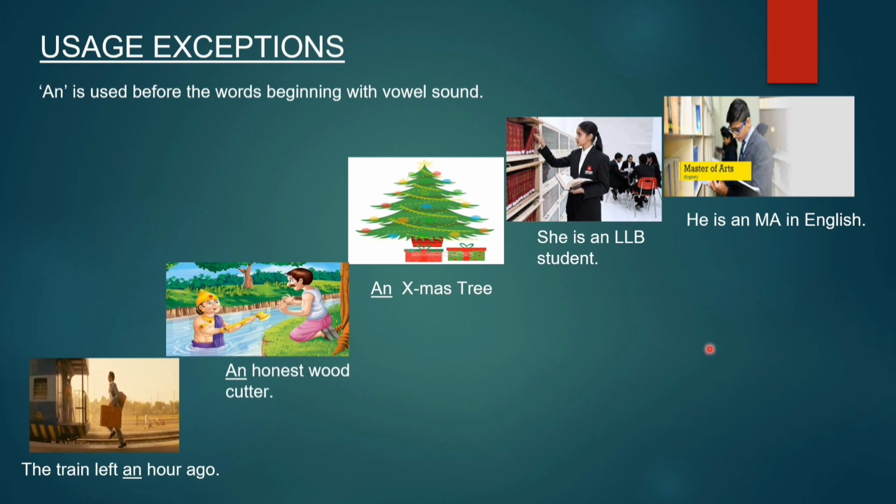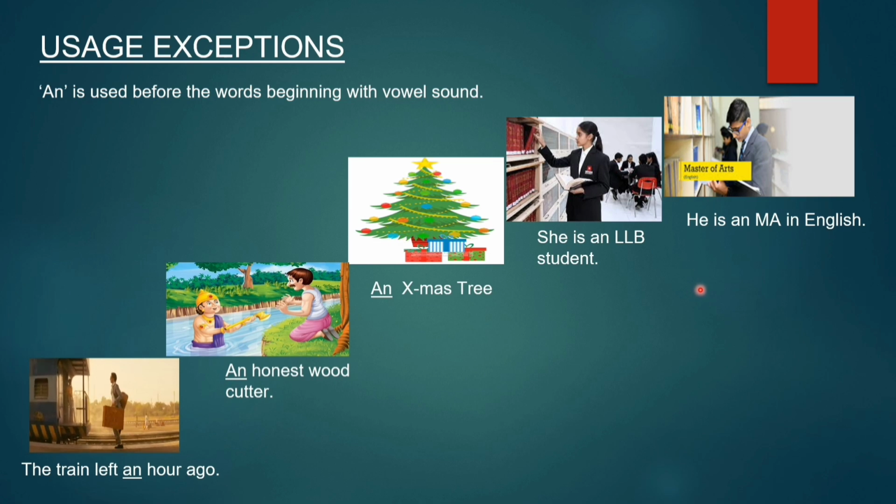The abbreviations MA and LLB start with a vowel sound like M, ELL. So we use an rather than a. The first letters of all these words are H, X, L, M and sound like a vowel. So the article an is used.